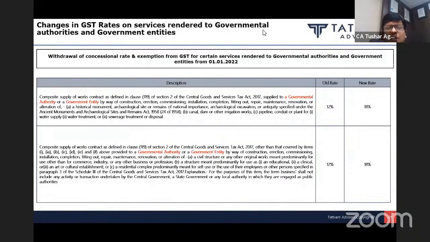beneficial rate is applicable only if you are providing these services to government or local authority. If you are providing these services of construction of water treatment plant, construction of hospital, educational institution to a government entity or a governmental authority, then the rate of GST has changed from 12% to 18%.